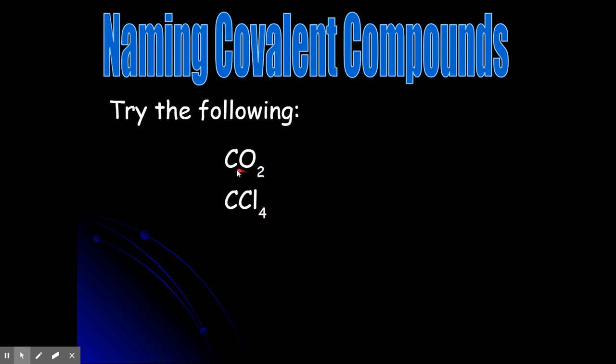So if you were to name this up until now, what I'd said, this would normally be carbon oxide, but then we got to put prefixes for the numbers. So it'd be monocarbon dioxide. But because the first one is a 1, we don't use the prefix mono. So this one is just called carbon dioxide. So carbon dioxide, 1 carbon, 2 oxygens.